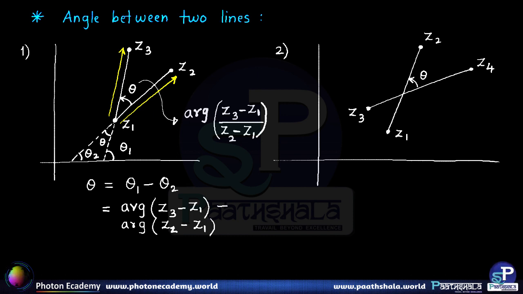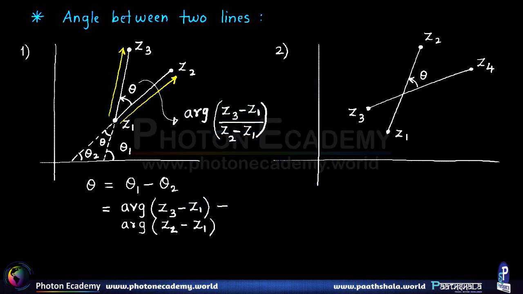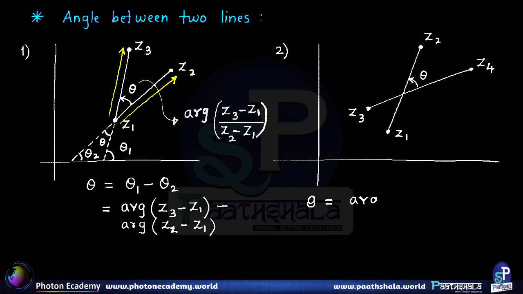Now we can extend this to the second case also, that is, if we are given the 4 points z1, z2, z3 and z4 as shown here, and we want to calculate the angle, we use the similar logic and derive the value of theta as nothing but the argument of, now while writing the argument, the idea is that we should consider the angle in anti-clockwise manner.